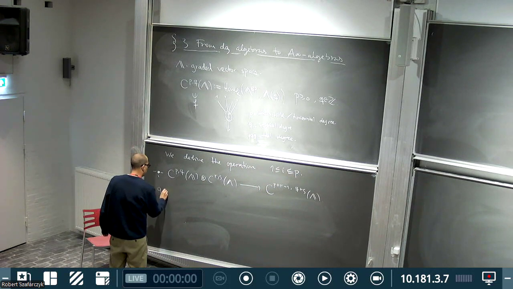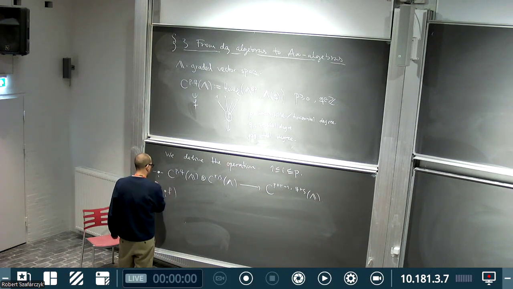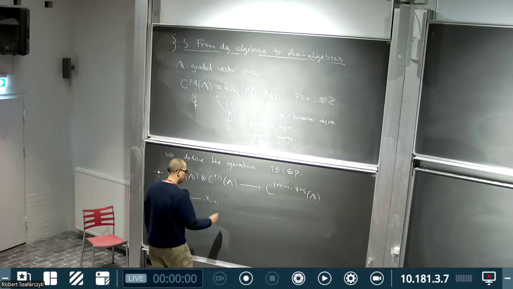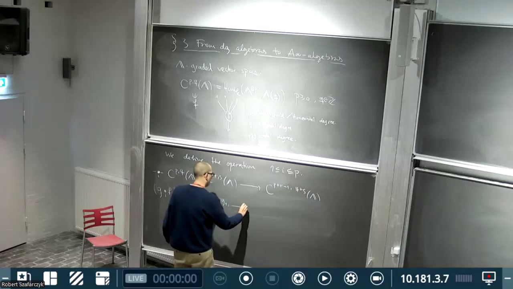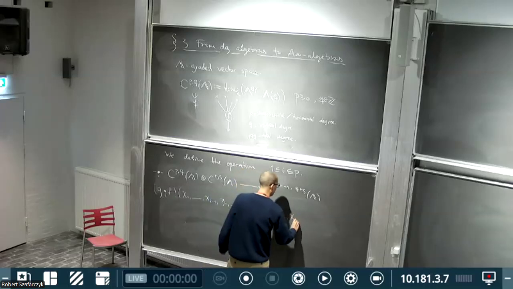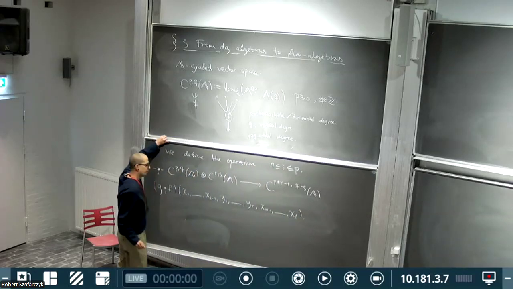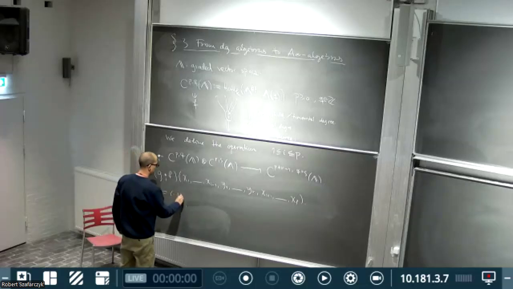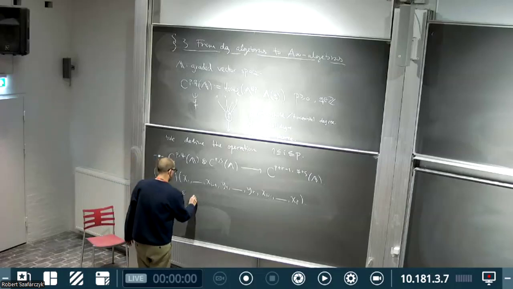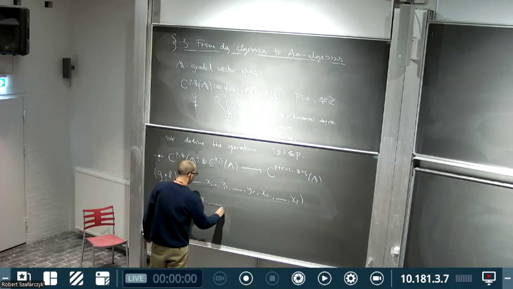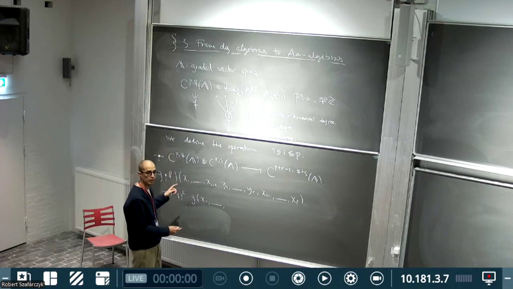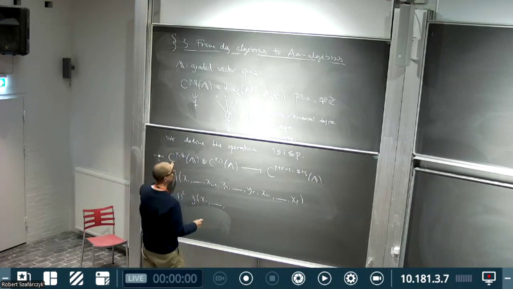If I have g and I want to compose in position i with f, I take i minus 1 inputs, then r inputs, then the remaining p minus i inputs. And essentially I will define this as plus or minus 1 times the obvious thing one would do to compose the operation f in position i with the operation g.